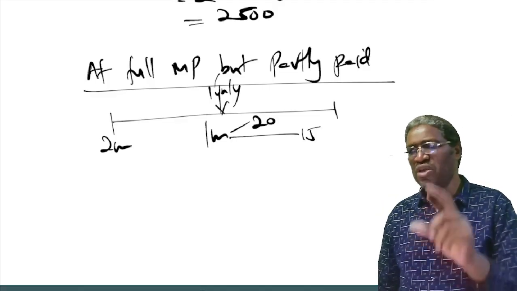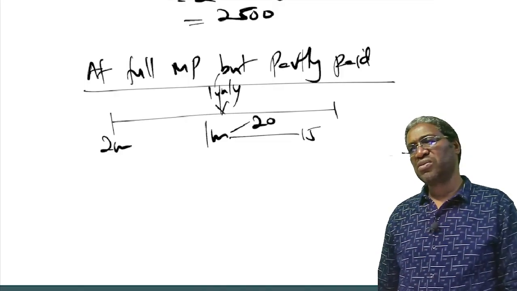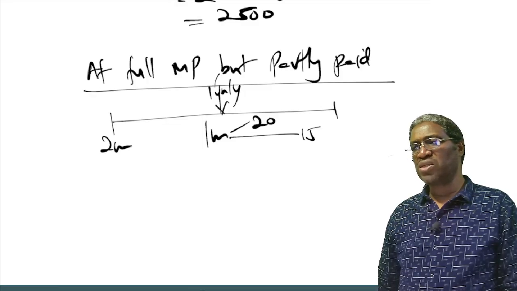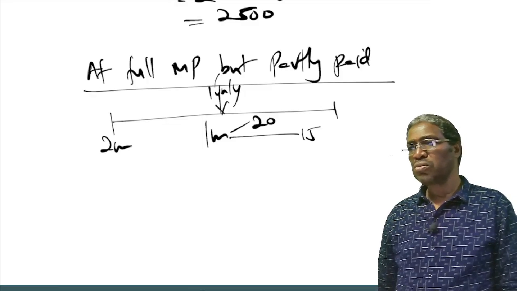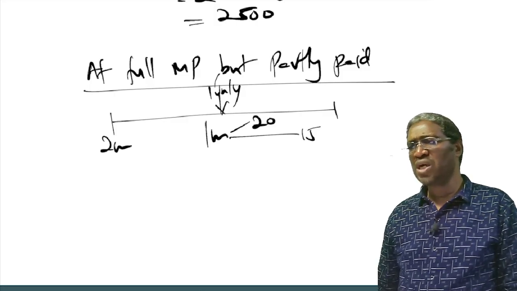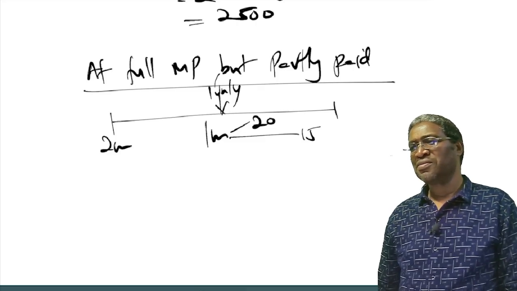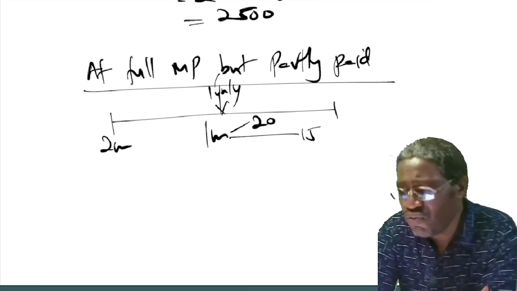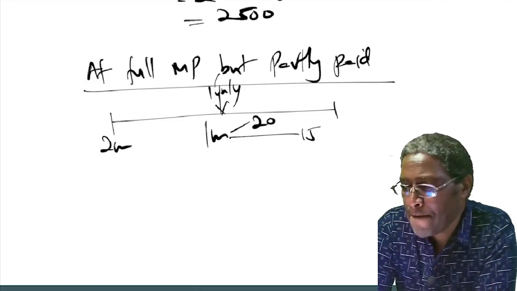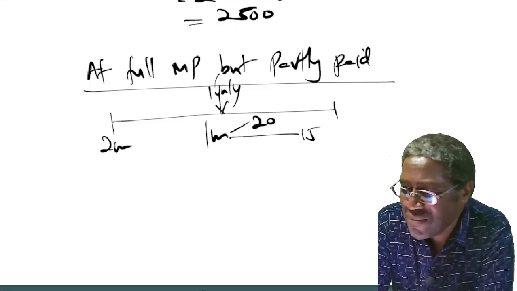How do we use them for computation of the weighted average number of shares? What's the rule? I'm waiting.